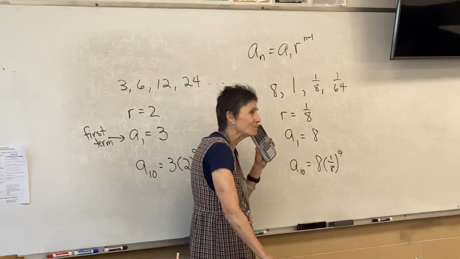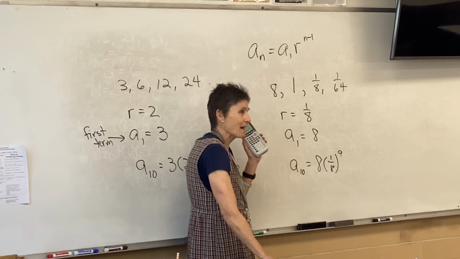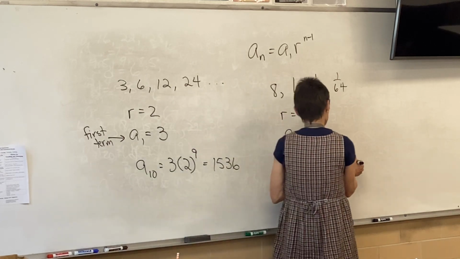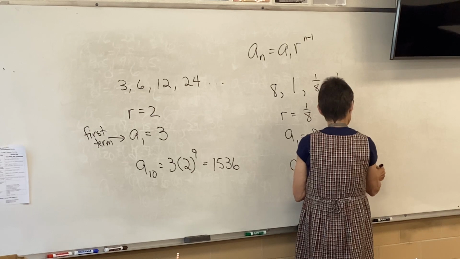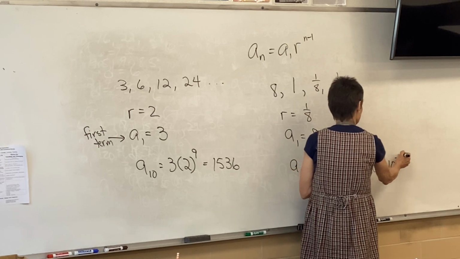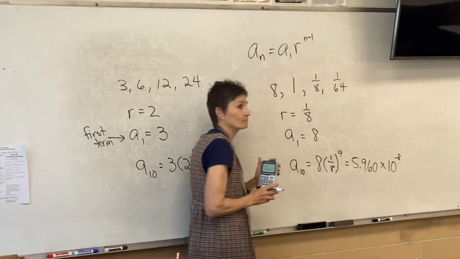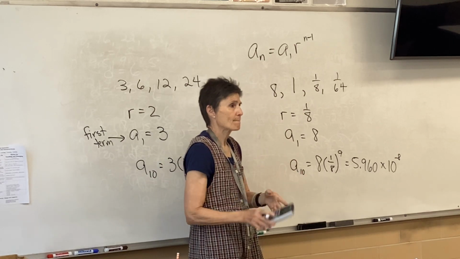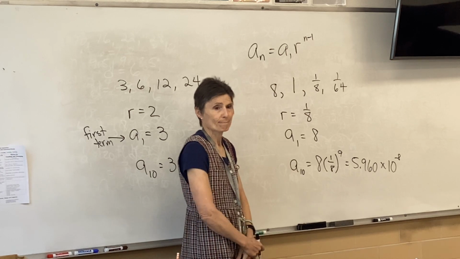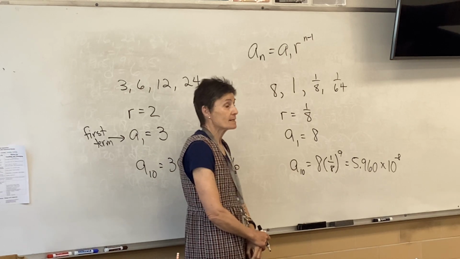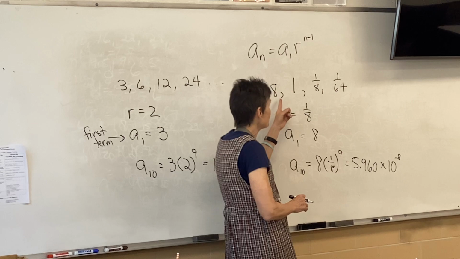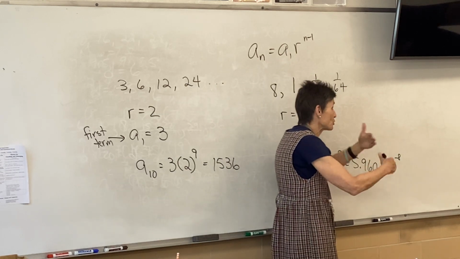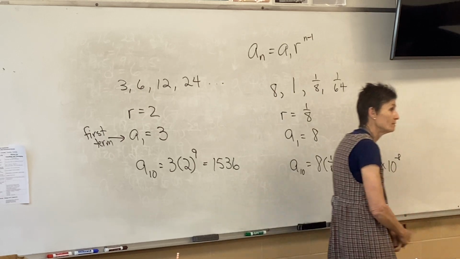Uh-oh, what happened? You got an E. And what does that mean? Scientific notation. So this is 5.960 times 10 to the negative 8. Is that a big number or a little number? Little. Does it make sense to you that if you keep multiplying by 1/8, your number's just going to keep getting smaller and smaller and smaller?